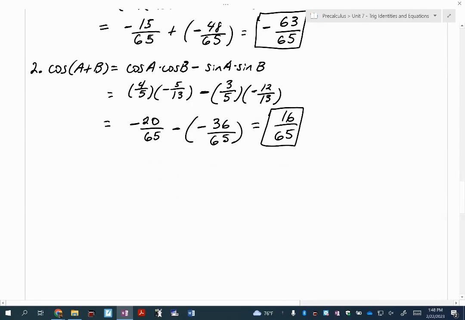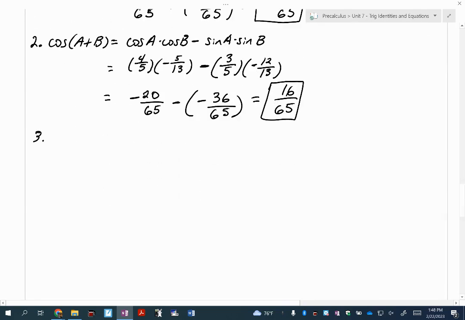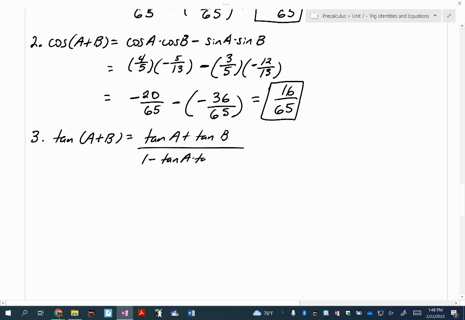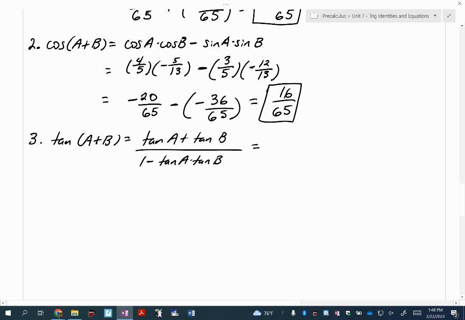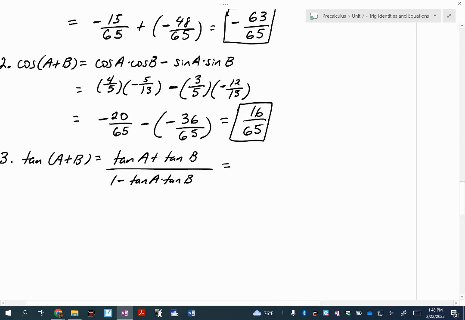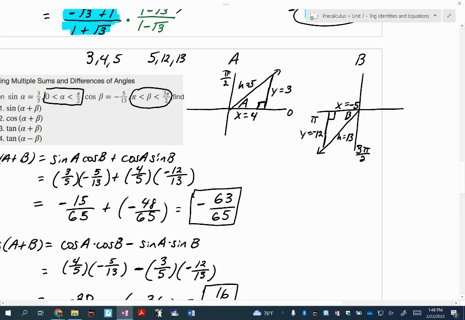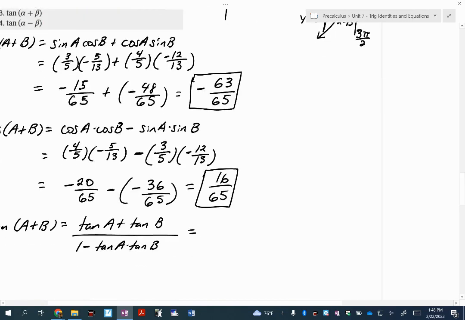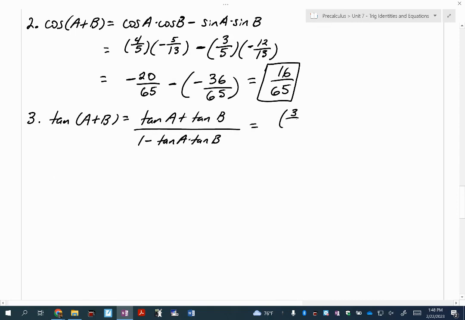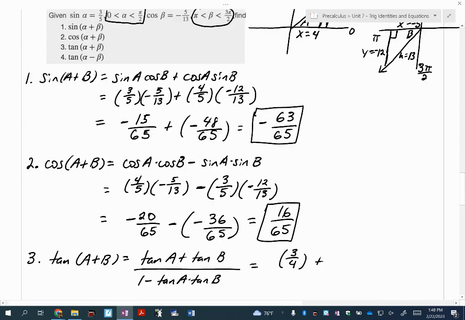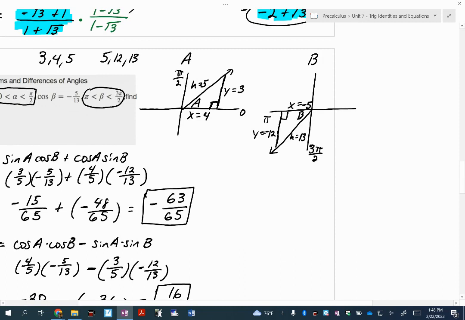Number 3 is the tangent of A plus B. These are going to be a little trickier because we'll need to find tangent. We don't know that one yet. So the tangent of A plus B, using my formula, is the tangent of A plus the tangent of B over 1 minus tangent of A times tangent of B. So we're going to get the tangent of angle A, which is opposite over adjacent, 3/4 based on our triangle, plus the tangent of angle B, which is actually going to be positive because we're in the third quadrant.